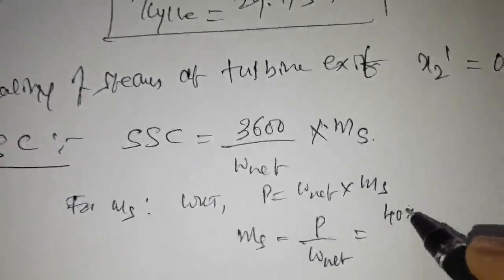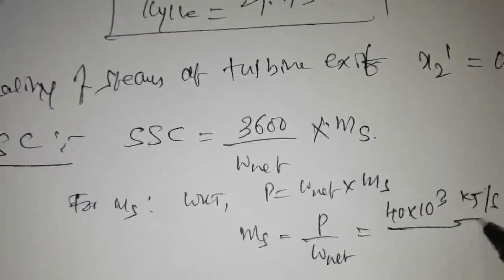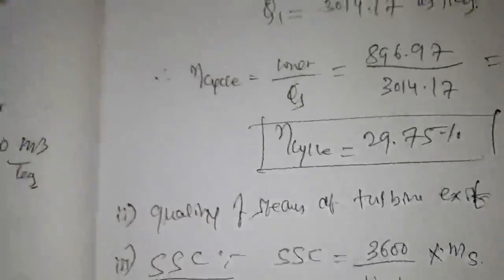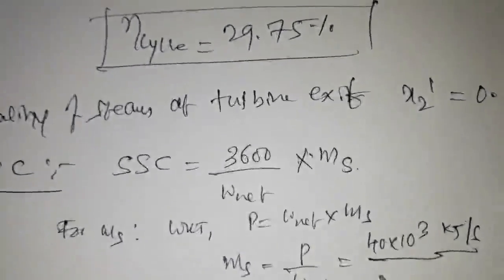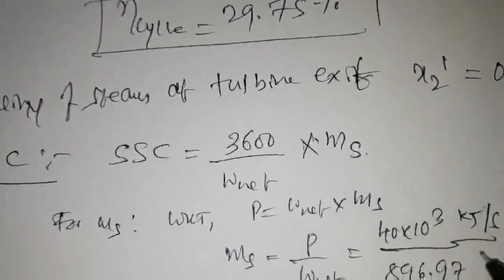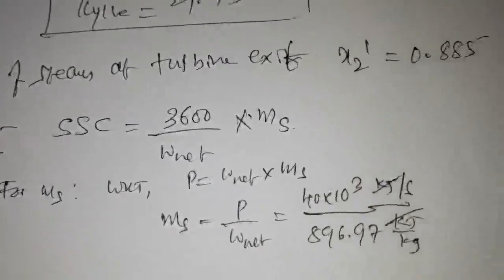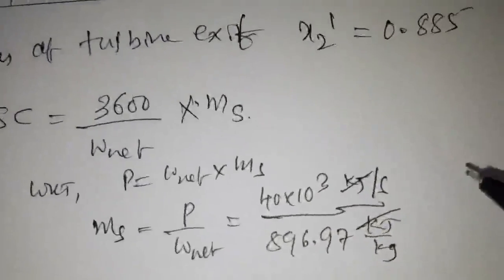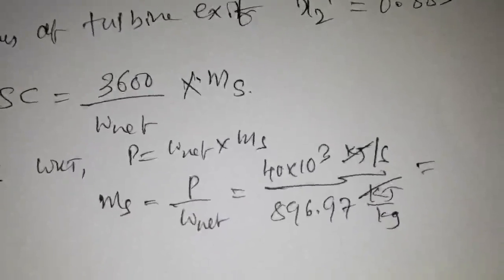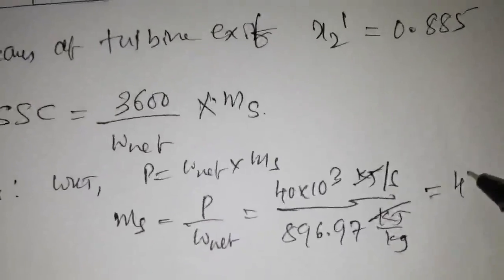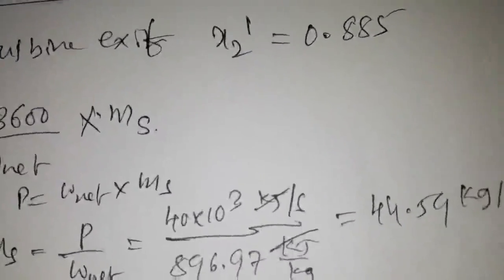Power is 40 into 10 to the power of 3 kilowatt. Kilowatt is kilojoule per second, divided by net work, 896.97 kilojoule per kg. Kilojoule cancels. So finally I am able to get the mass flow rate of steam as 44.59 kg per second.